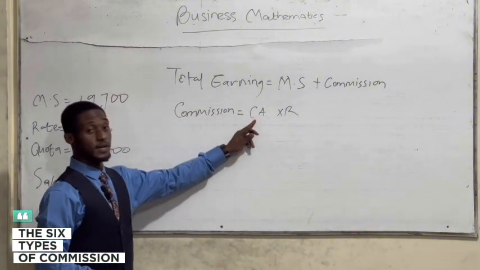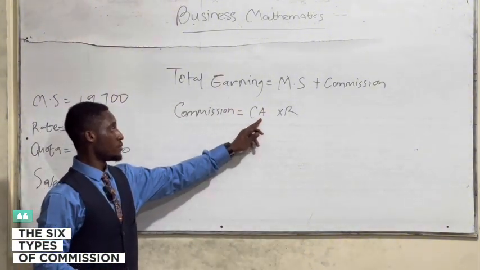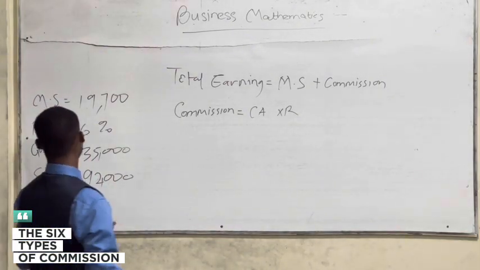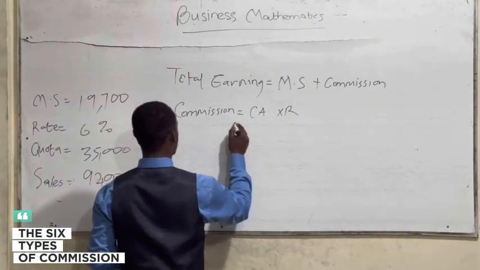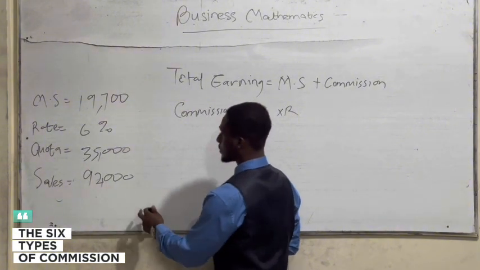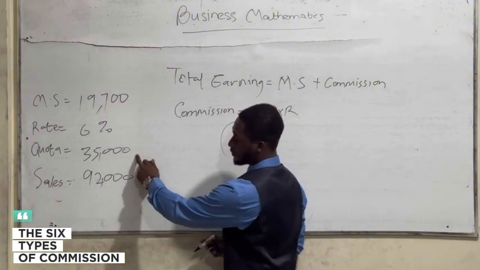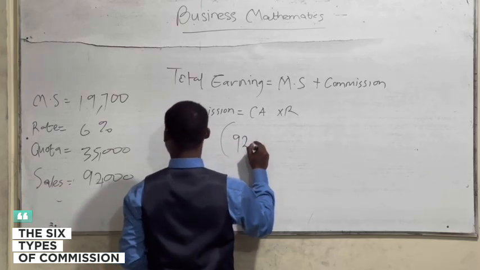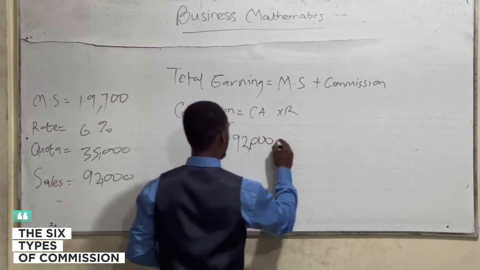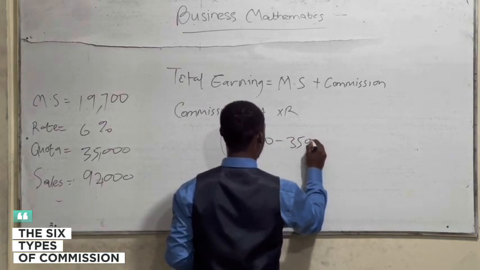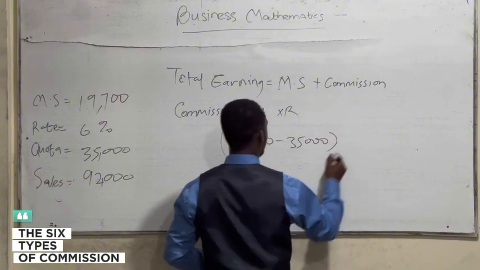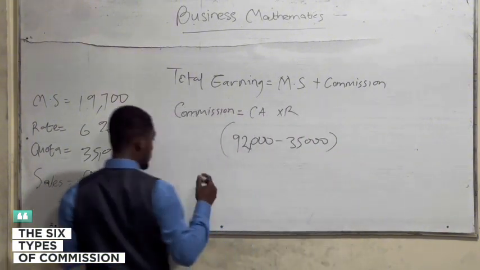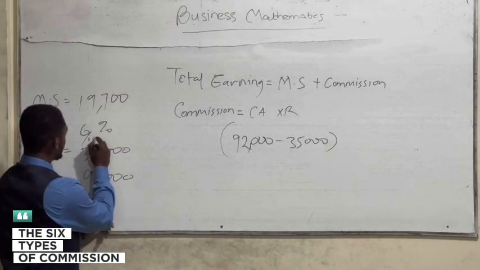We have to find our commission amount because the rate has already been given. Sales subtract quota, multiplying by the rate, and you know that is divided by 100.